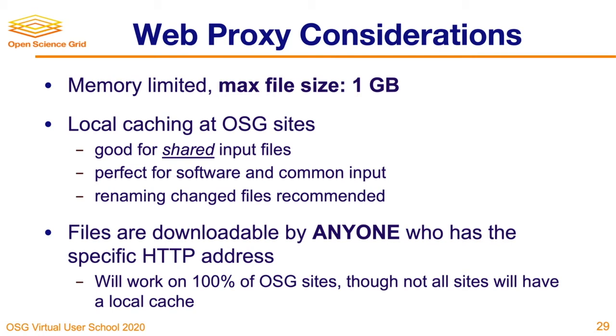So if you have a zipped software tarball that you can download directly from the producer of the software, that can help. But one thing to keep in mind is that these files are going to be accessible to anyone who has the HTTP address, right? So this is definitely not a good option for any sort of protected data or just something you don't necessarily want to be publicly available.